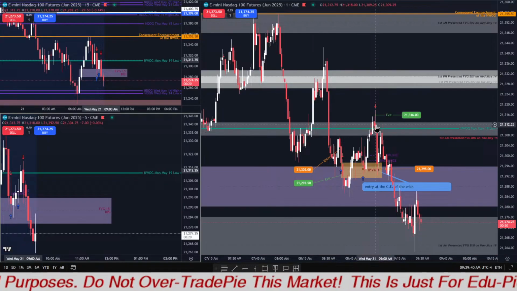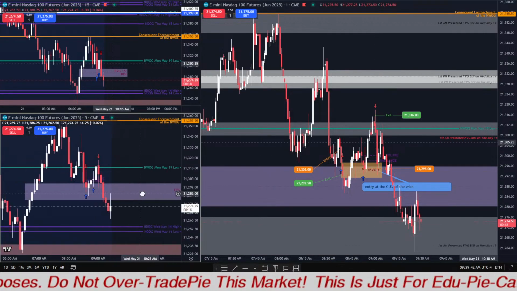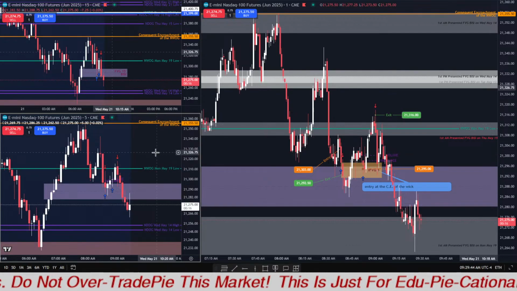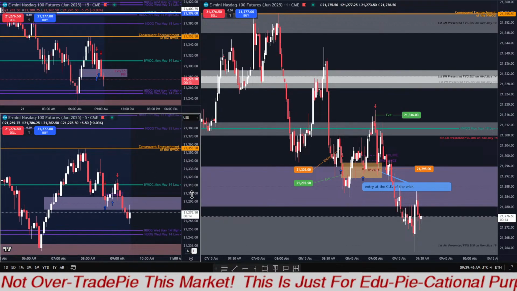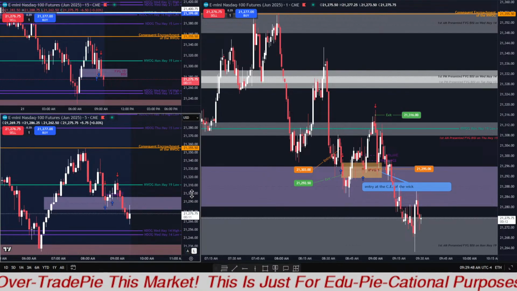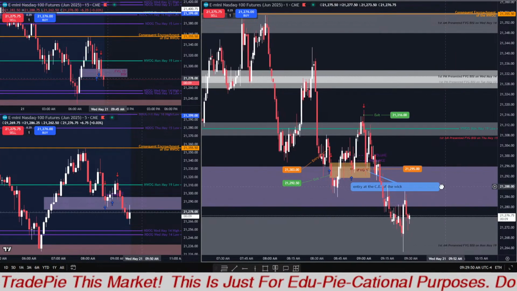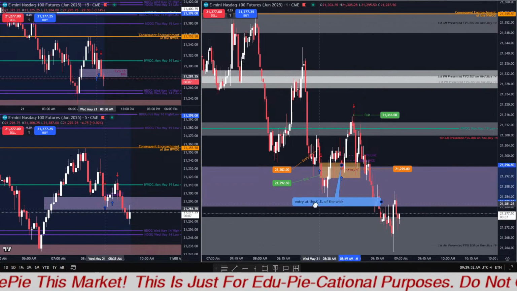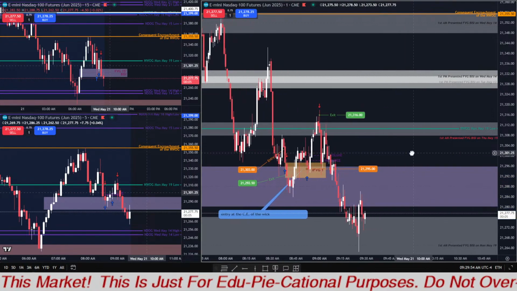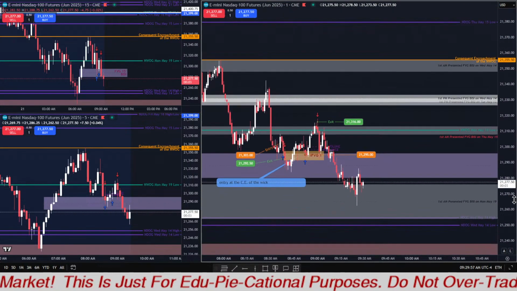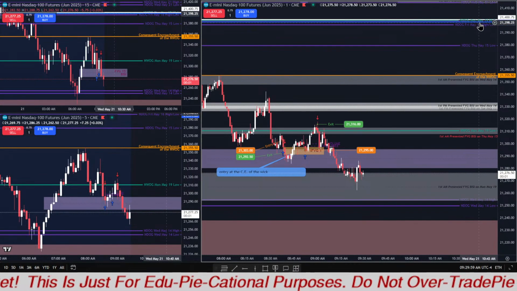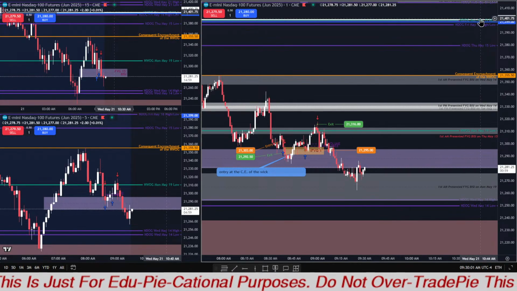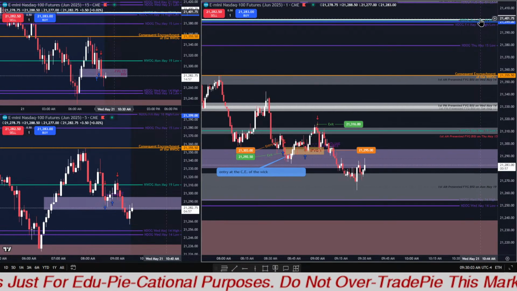And now we can get back to our 1-minute chart to see the opening bell and how the market is actually reacting. So remember that we have this buy side liquidity and this opening range gap high.